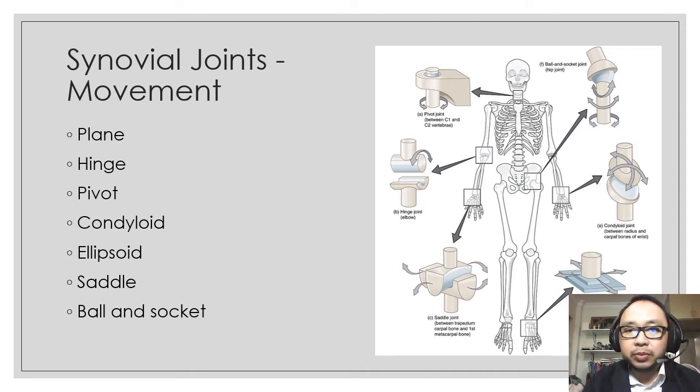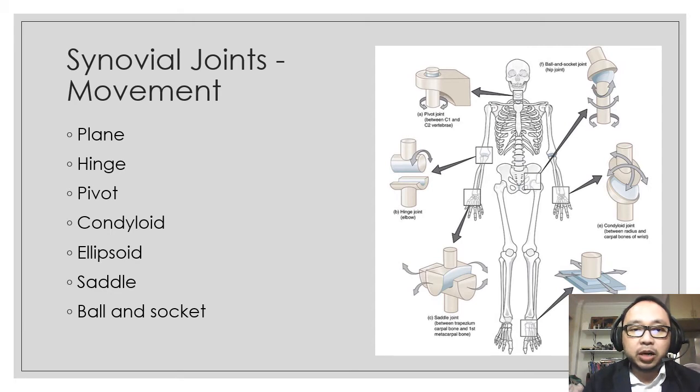Pivot joints have a central bony pivot surrounded by a bony ligamentous ring, and the usual movement is rotation. This can be seen in your atlantoaxial and superior radioulnar joints. Condyloid joints are those with two distinct convex surfaces that articulate with two concave surfaces. The movements are flexion, extension, abduction, and adduction, with some degree of rotation.